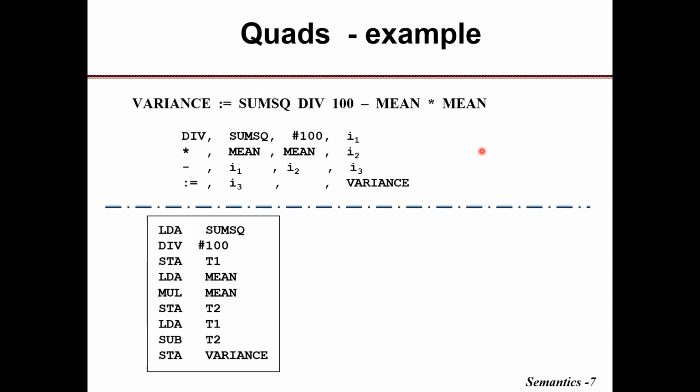We'll start where we were talking about. We already have the tokens built, right? They're already organized inside the tree, and we're going to pull them off that way. Looking at this flatly, going from left to right, a div, a multiply, a minus, and an assignment are the four functions in this one statement.